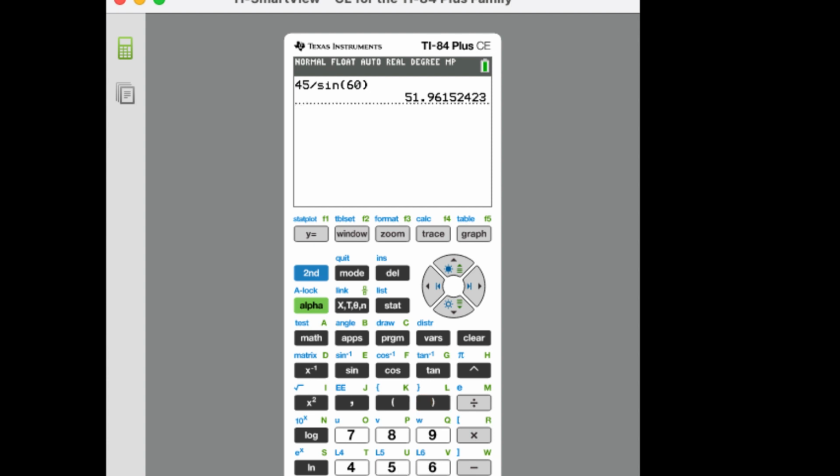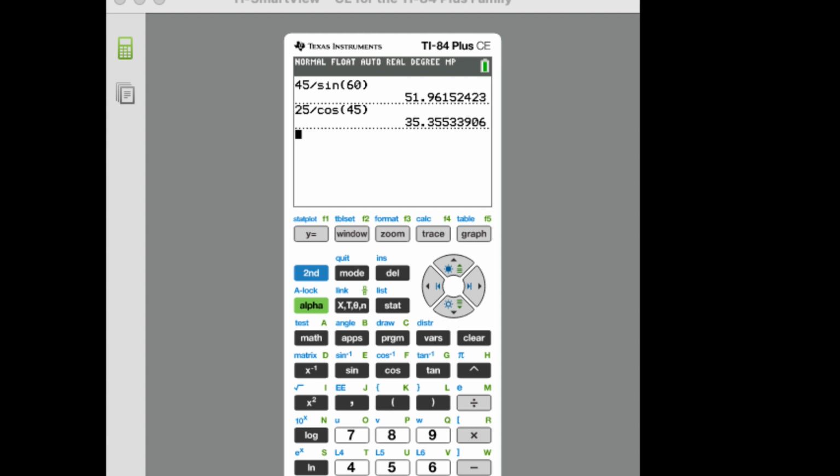And then the other is going to be 25 divided by cosine of 45 degrees. So ladies and gentlemen, take a look. These are your two answers. Remember, we went over how to approximate, and we're doing the tenths. So tell me, what did you guys get?